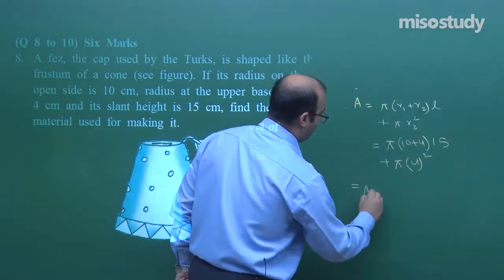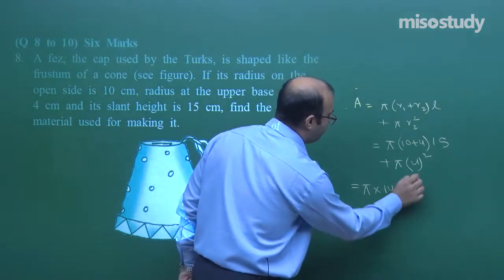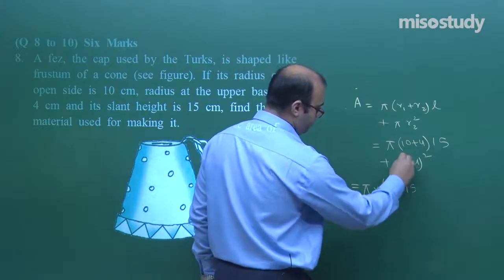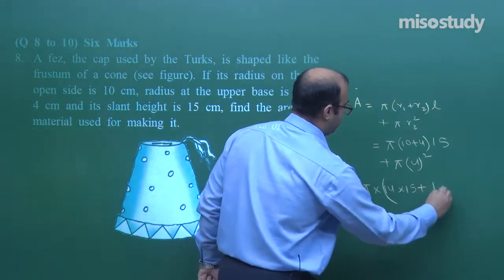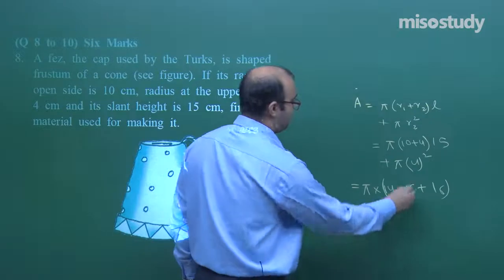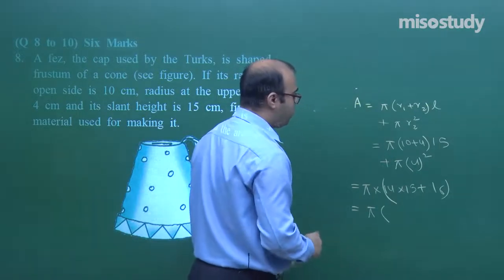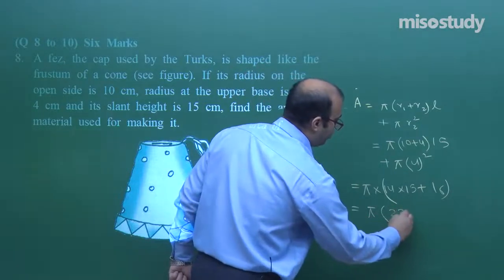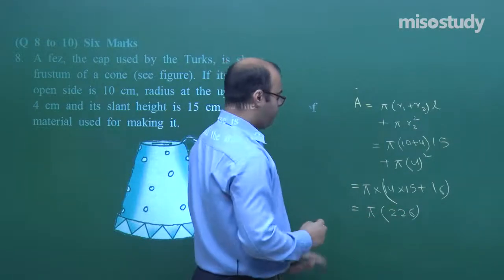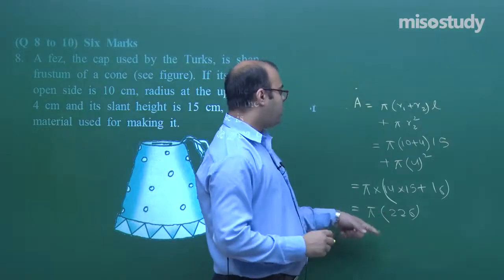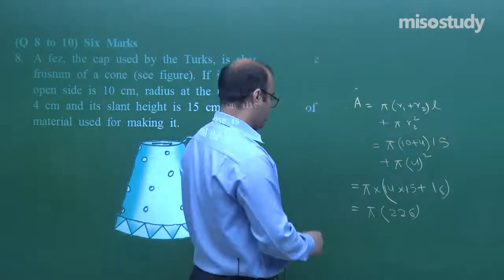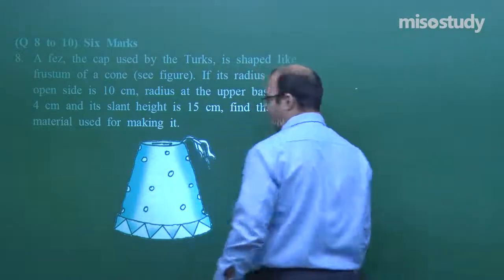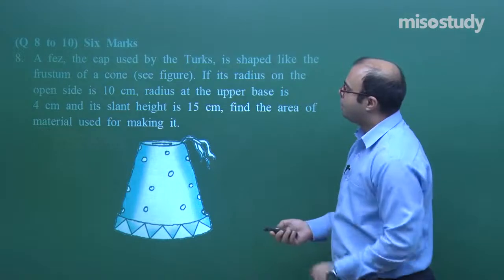This will become pi into 14 into 15, and let us take pi common, plus 4 square is 16. So we write it as pi times 15 into 14 is 210 plus 16 is 226. So we can write it like this, and further if we want we can do further calculations. So this is how we can write the area of the material used to make this particular cap.